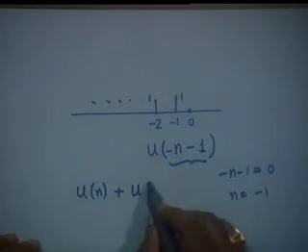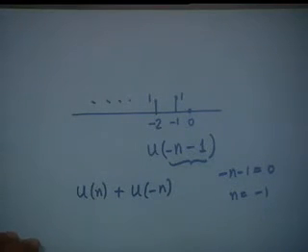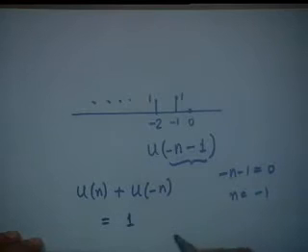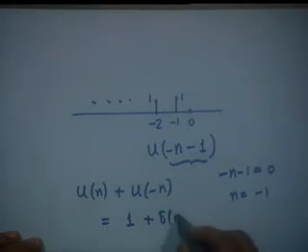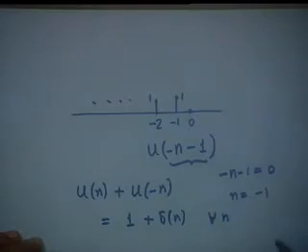Okay. Suppose I take this sum, u of n plus u of minus n. What is this signal? It is 1 everywhere except at n equal to 0, where the amplitude would be 2, and therefore can we write this as 1 plus delta n for all n, right.